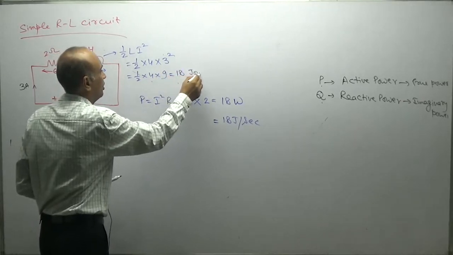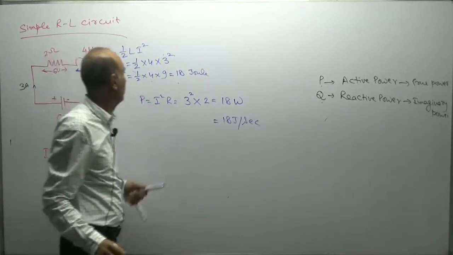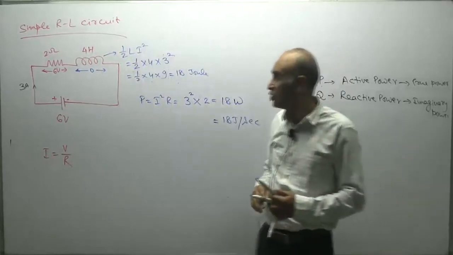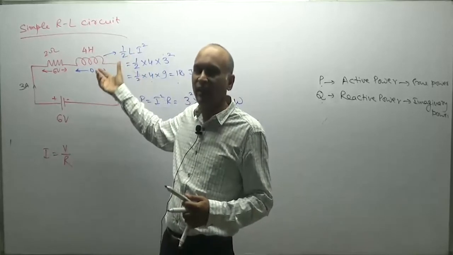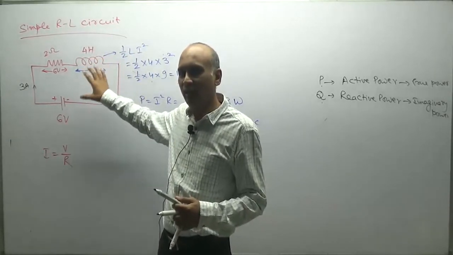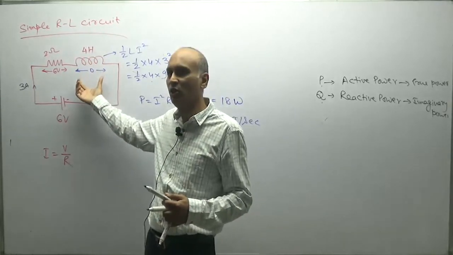Its unit is joule. So this inductor has stored 18 joule energy, and then it is now silent, and the voltage across it will be 0.